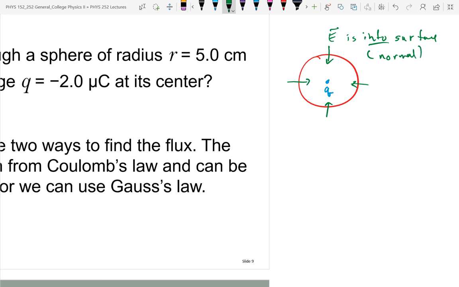What direction is the normal to the surface? By definition, the area is in the normal direction, and so the area is out of surface.